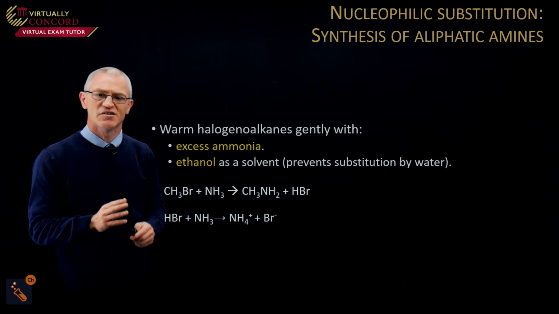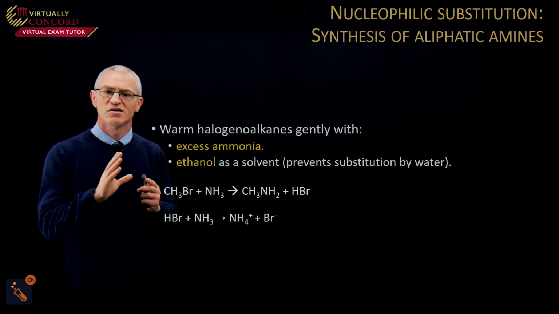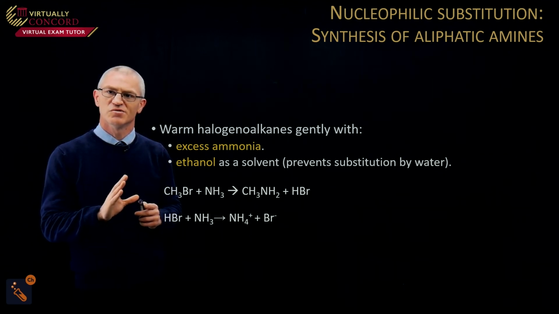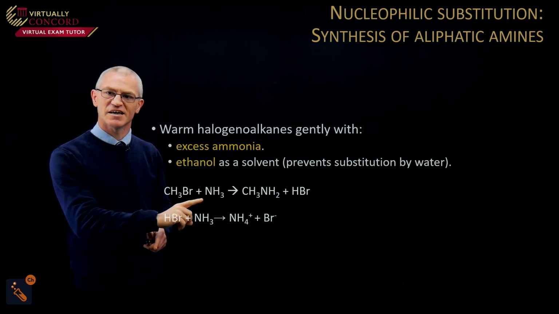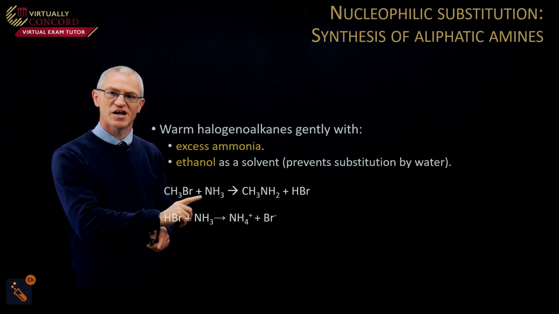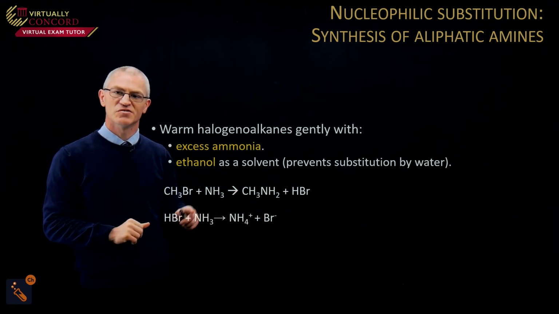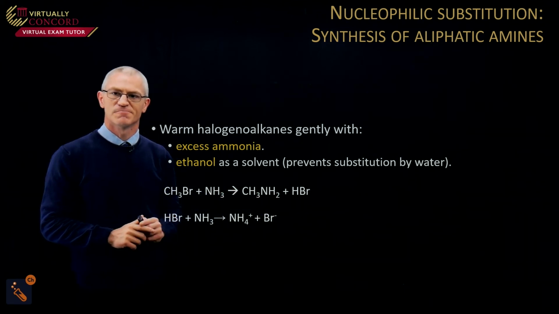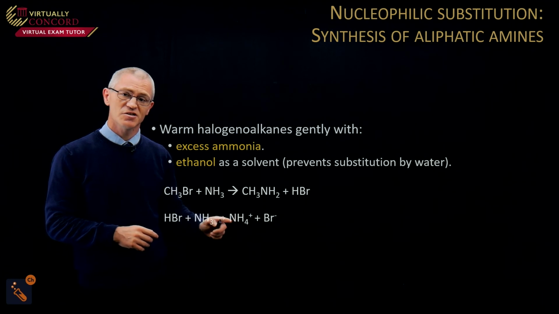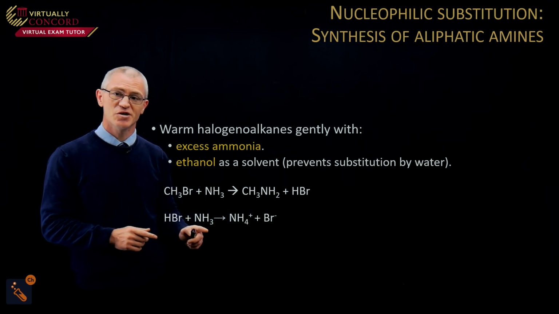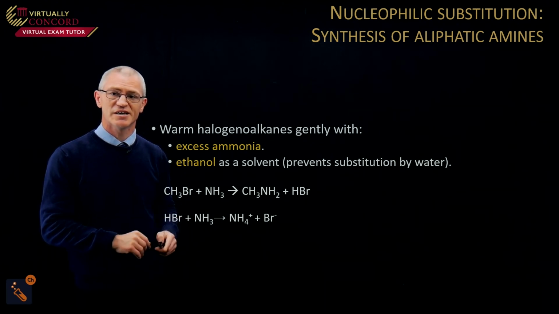So I wanted to point out something else, just before I do that as well. I've mentioned this just briefly. Remember, if you're adding excess ammonia, another thing that will happen is there will be ammonia around with the HBr. And if there is ammonia around, and they tell you there's excess ammonia around, the other product you can make is the ammonia, which is a base, reacting with the HBr, which is a very weak acid.